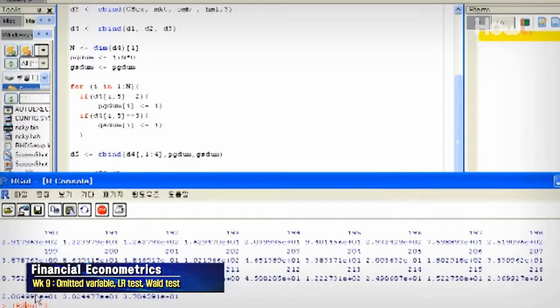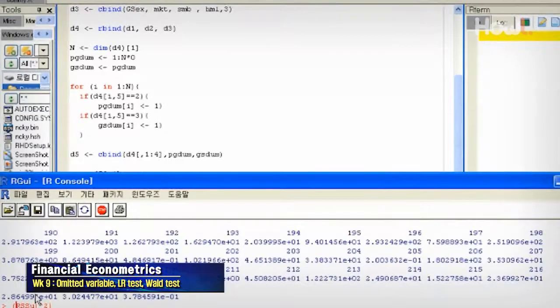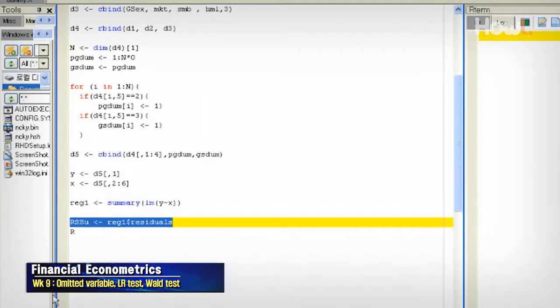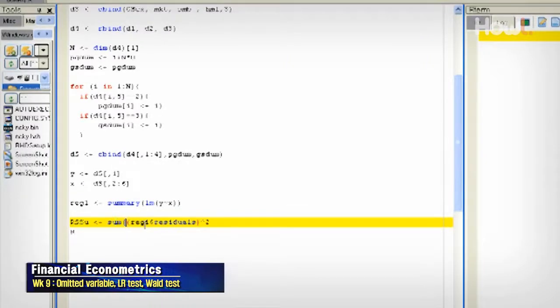Okay, something like this, and then sum. Good. So basically what I have to do is square it and add. Then it is the residual sum of squares from the unrestricted regression, and then we need the restricted one.